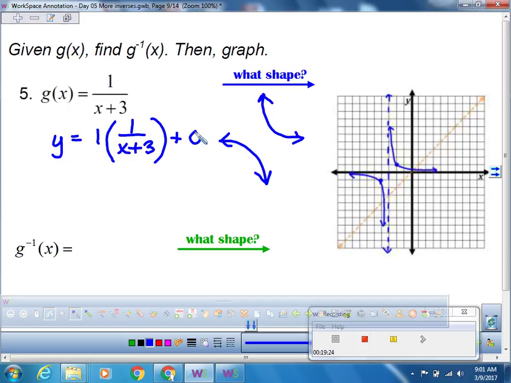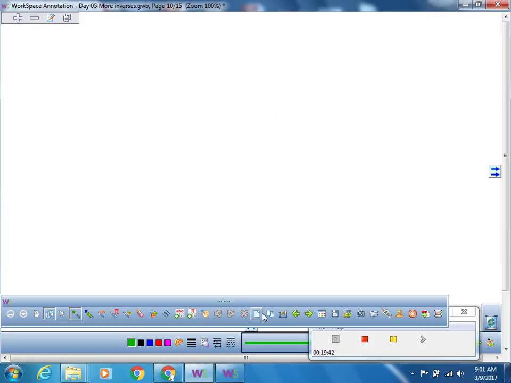All right, so now I'm going to switch x and y. So I have x equals 1 over y plus 3. Everybody agree? Okay, I'm going to show you a trick, but it's not really a trick. Does everybody agree that 2 over 4 is equal to 8 over 16?